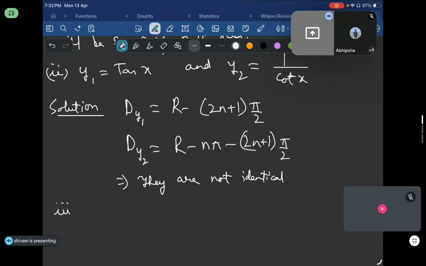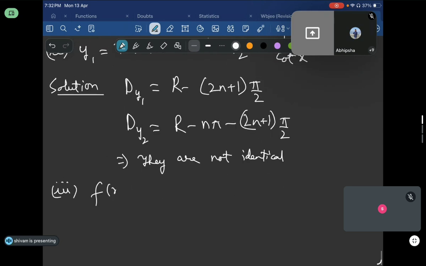Next, part 3. f of x is equal to sec x and g of x is equal to 1 upon cos x. Are they identical?